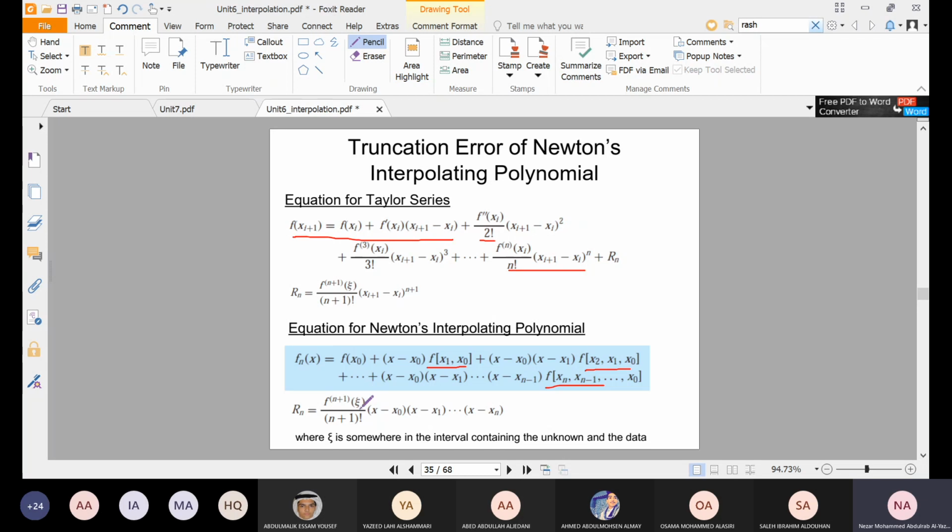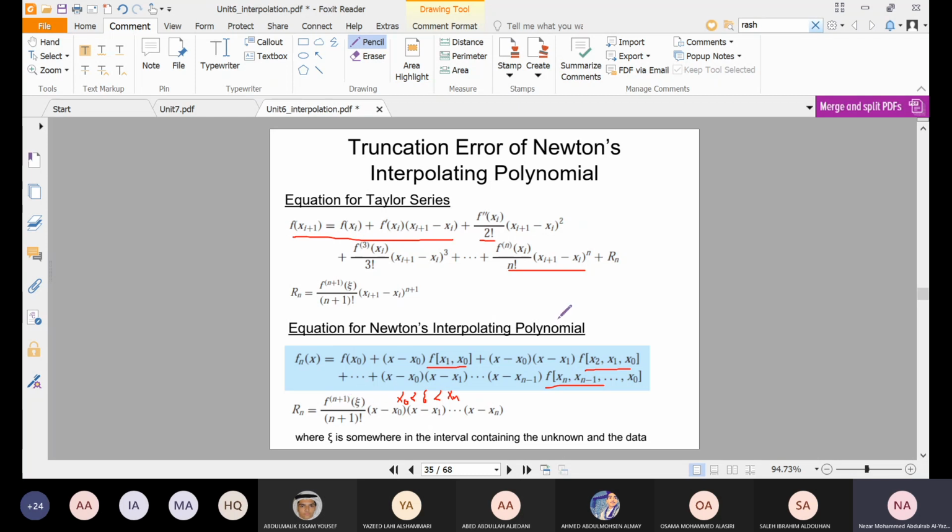And here we have a parameter zeta, which should be located in the interval between the starting point x0 and the end point, the point that we want to find. This value is unknown. If we substitute it in the remainder, it should give us the maximum value.